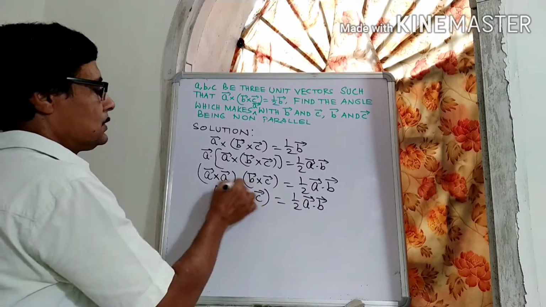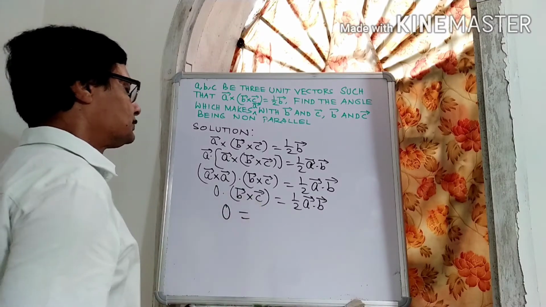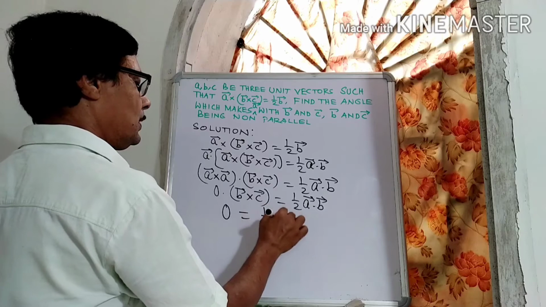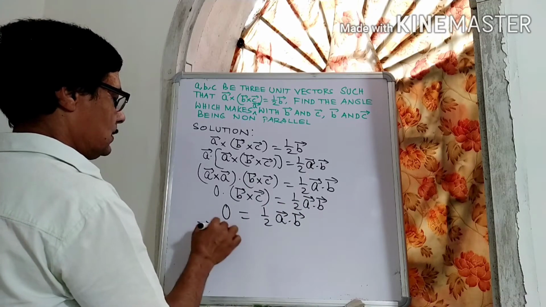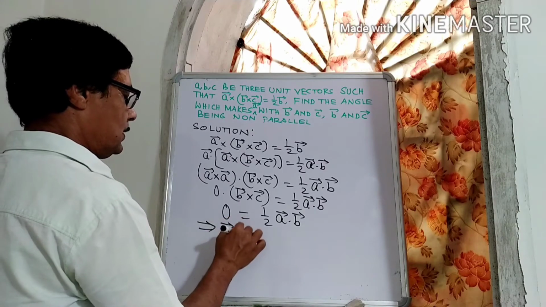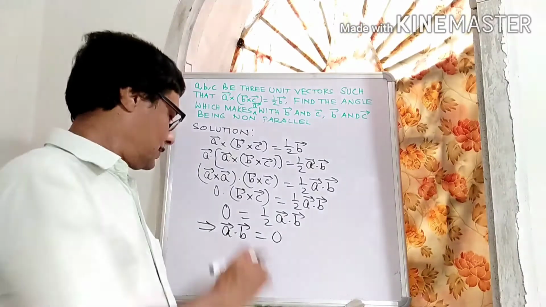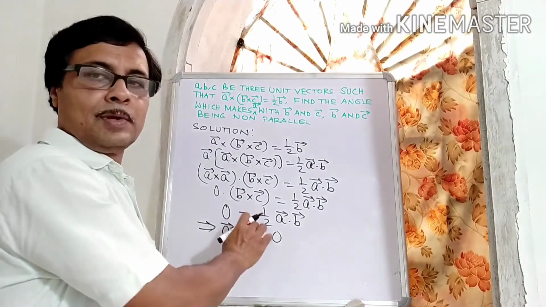Now this is obviously 0. So 0 equals half of A dot B, that is A dot B equals 0. We have got A dot B equal to 0. What does it mean?